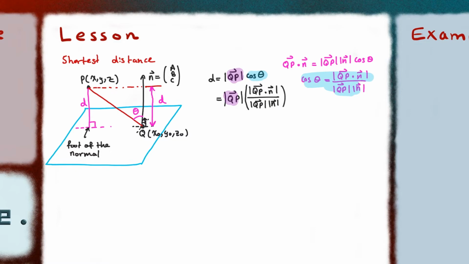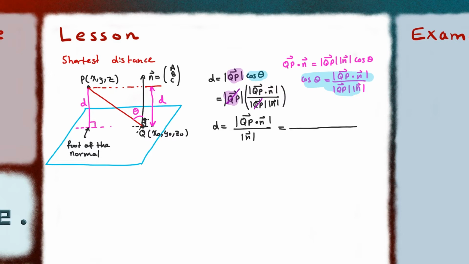The magnitude of vector QP is both on the numerator and the denominator, so it cancels out, leaving us with the expression of the dot product of QP and the normal divided by the magnitude of the normal for our shortest distance.